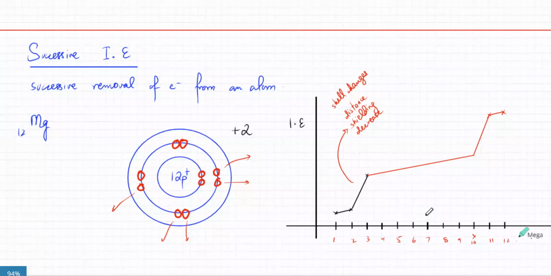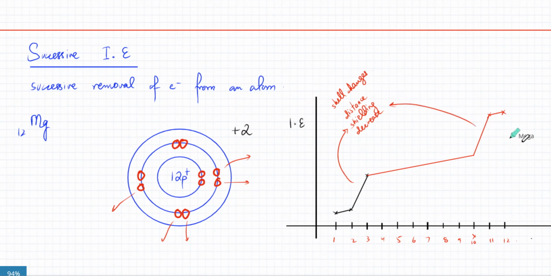So this is how magnesium's ionization energy is. This is a rough sketch. It's not going to be exactly like this. There's going to be some fluctuation. It's not going to be a straight, perfect line. So it's a rough sketch. So remember, there's going to be a jump whenever there's a shell change.